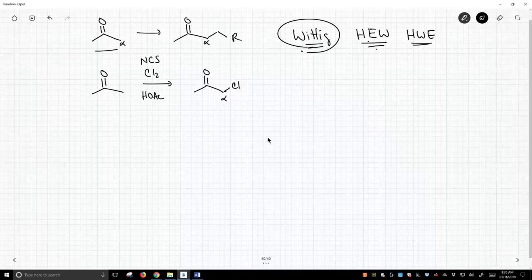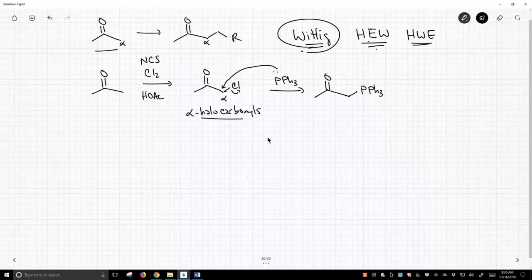And so, we could use bromine and do a bromination, but we can make these alpha halo carbonyls. Okay, fantastic. And then, in terms of the Wittig reaction, we then took this alpha halo carbonyl and we did an SN2 reaction on it. And we made, or if we use this compound, we make a phosphonium salt like this.